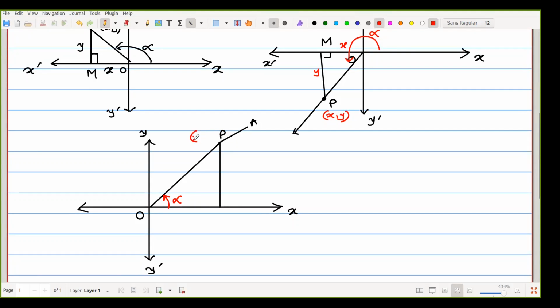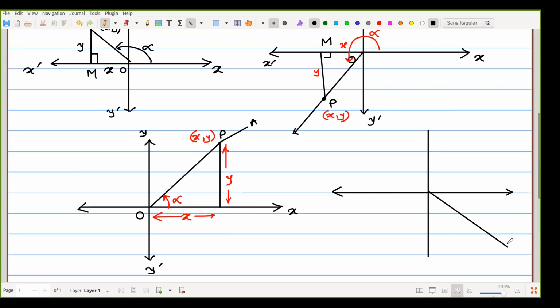So obviously if it has x, y, then you can find that one is x, that one is y. So whatever be the position of P and the angle of reference, we can draw different type of diagram. The final one diagram also in the fourth quadrant.